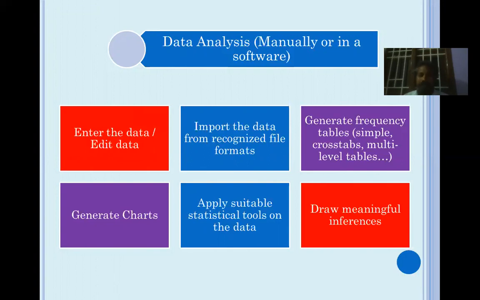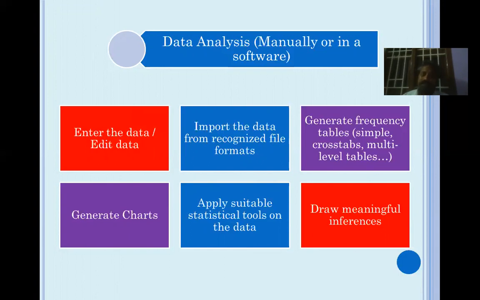Then based on the data, you should be able to generate charts. The chart can be a pie chart or a bar chart or a clustered bar chart or a histogram or a line chart or whatever it may be. And then very importantly, you have to apply the suitable statistical tools on the data you have. Depending on many parameters, you decide what is a suitable tool for your particular research data, then you apply it.